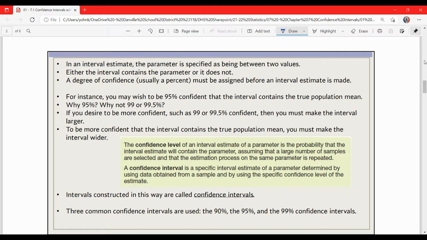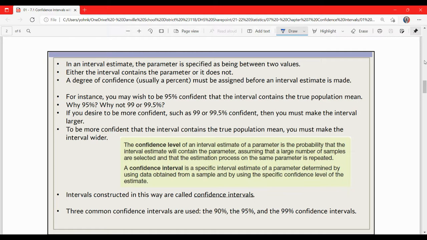Well, why 95%? Why not 99 or 99.5%? If you desire to be more confident, such as 99 or 99.5% confident, then you must make the interval larger. So, to be more confident that the interval contains the true population mean, you must make the interval wider. To make it wider means you go up in confidence levels.